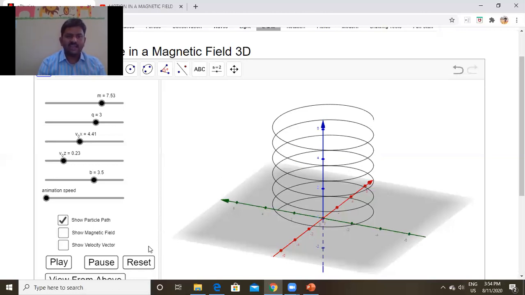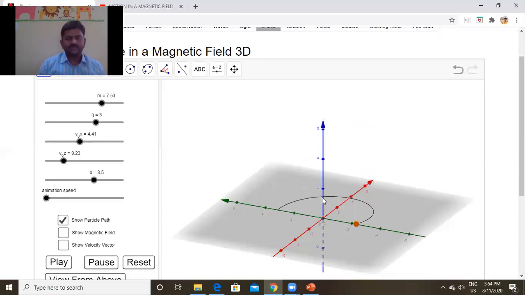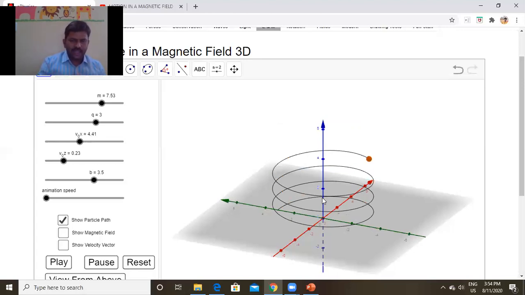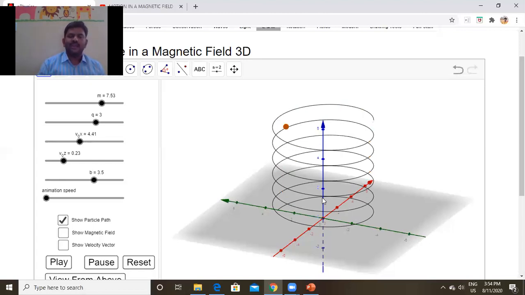Try to understand this. Using this, we can get a conclusion that the force on a moving charge kept in a magnetic field is dependent on velocity, magnetic field, as well as charge on the particle, and this force is perpendicular to the velocity as well as the magnetic field.